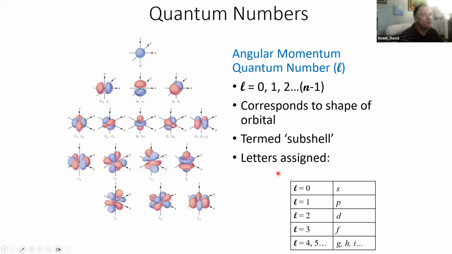We give letters to the angular momentum quantum number so that when L is equal to 0, that corresponds to the letter S. When L is 1, that corresponds to the letter P. When L is 2, that's D, and L is 3 is F, and so on and so forth. And this class will only go up to F, the F orbital.